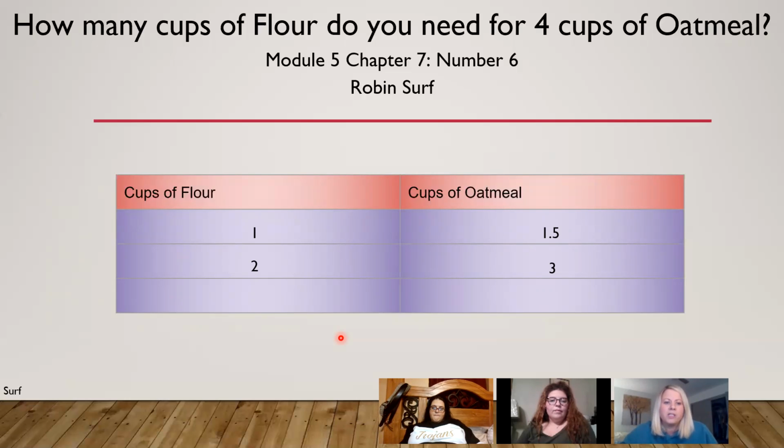And since I divided 2 cups of flour by 2, I also need to divide the 3 cups of oatmeal by 2. And 3/2 is equal to 1.5. So now that I know 1 cup of flour equals 1.5 cups of oatmeal, I can simply multiply any number of cups by 1.5. When I multiply 4 by 1.5, I get 6. So I need 4 cups of flour for 6 cups of oatmeal.